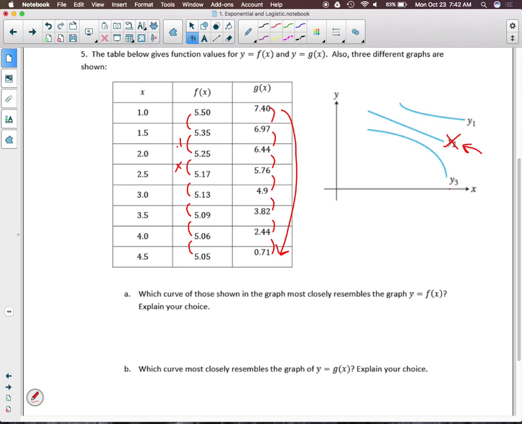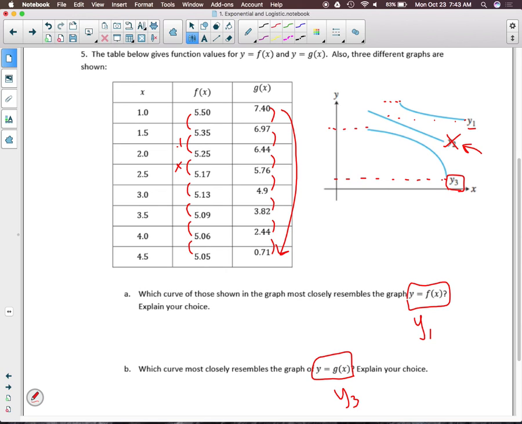So if I look over at y3 and y1, they're both decreasing as I'm moving from left to right, but y3 is decreasing much more. Okay, if I look at kind of like its start value to its end value, that's a much bigger change than y1's. So that lets me think that f of x is going to be y1, and that g of x is going to be y3.